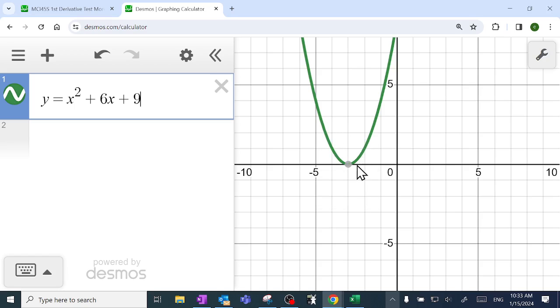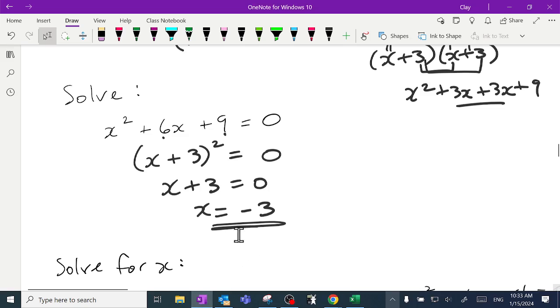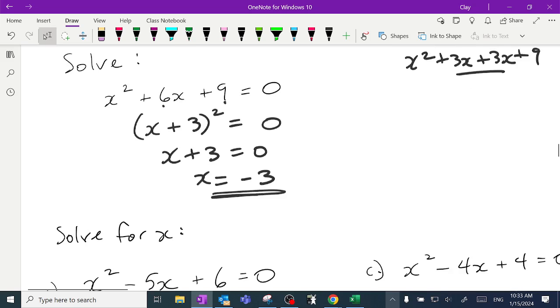And how does the algebra reflect that? It only has one solution when you solve it, because it's a perfect square trinomial. Isn't that cool?